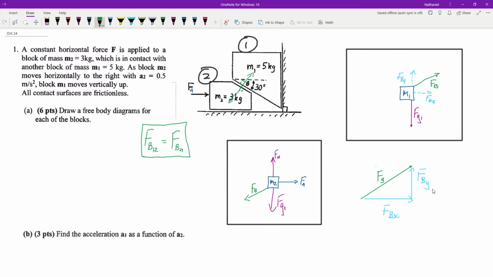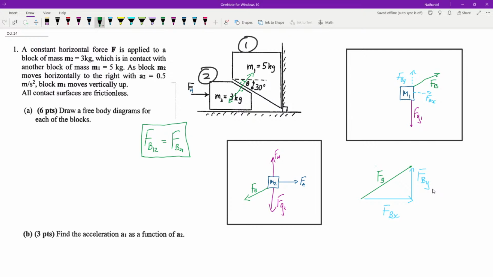So we're going to break down FB into FBY and FBX. We're going to be able to equate them on M1 and M2, but we're still not done on the forces on M1. There's another force here, and you can use M2 as a clue. There's no applied force. M1 might feel the effects through FB, but there's no direct FA onto M2, no direct applied force onto the block on the right.